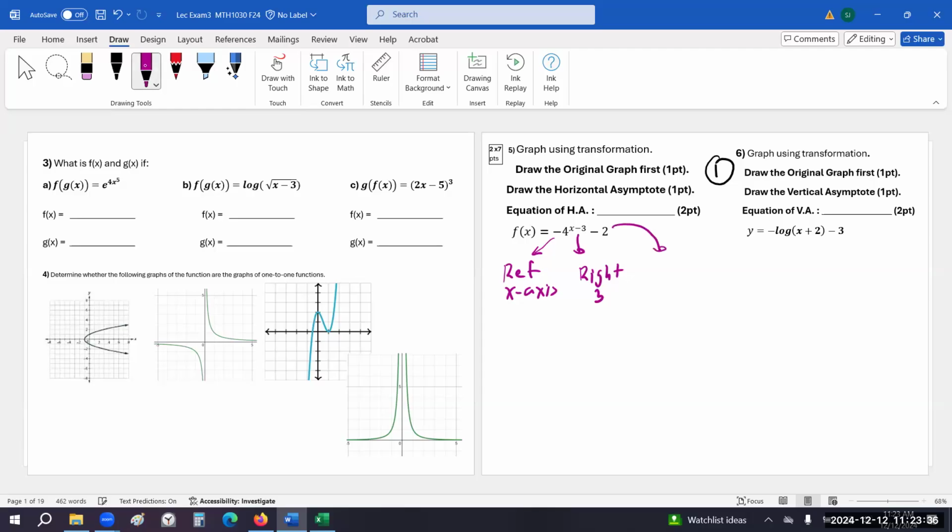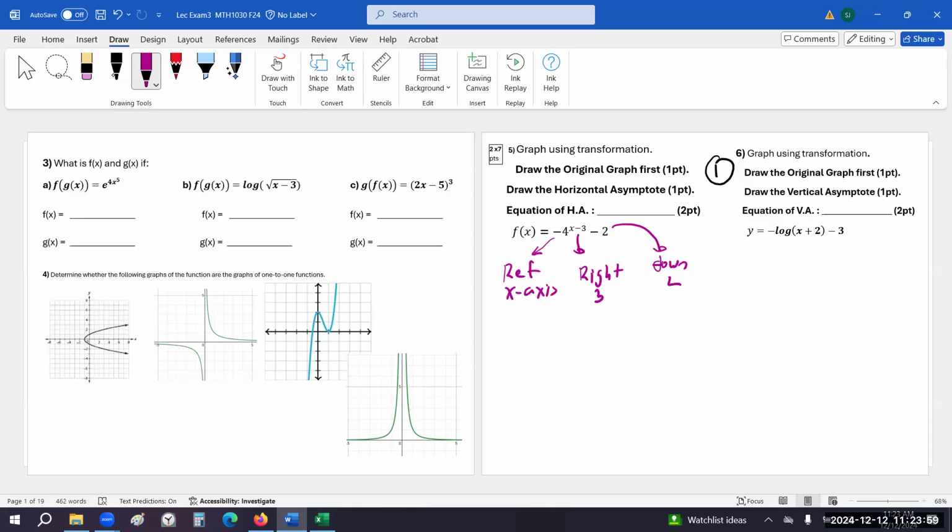And for a single number, do you remember my story? When you're single, our mood sometimes goes up, sometimes goes down because we are so single. So that's why anytime you have a single number, it's only up or down. It's never left or right. So minus means down 2.